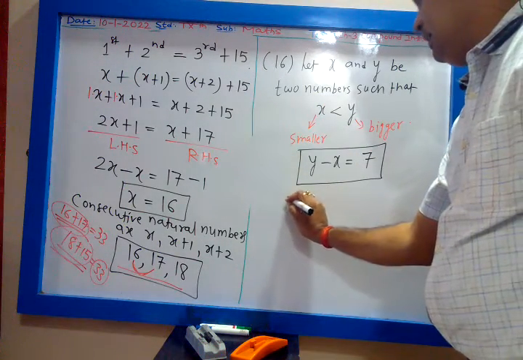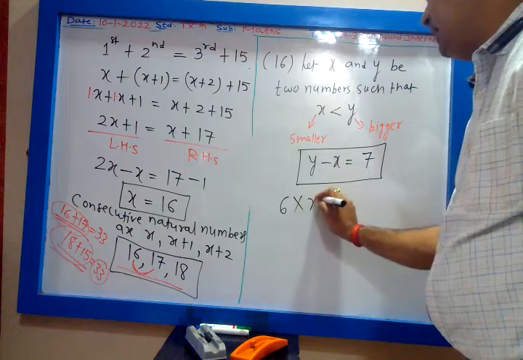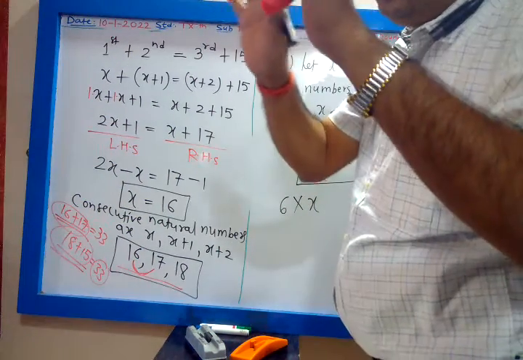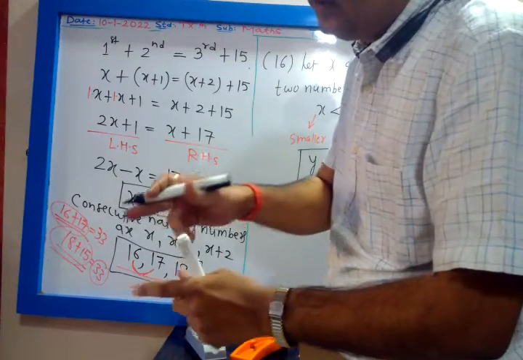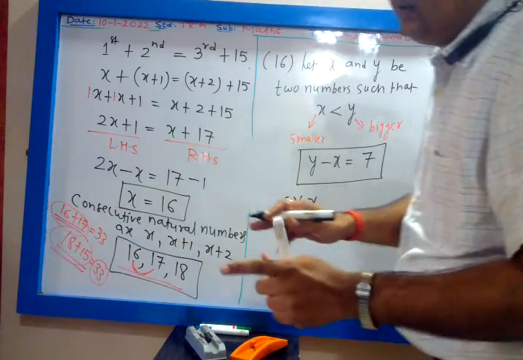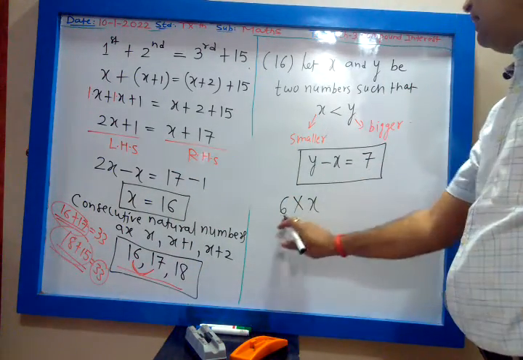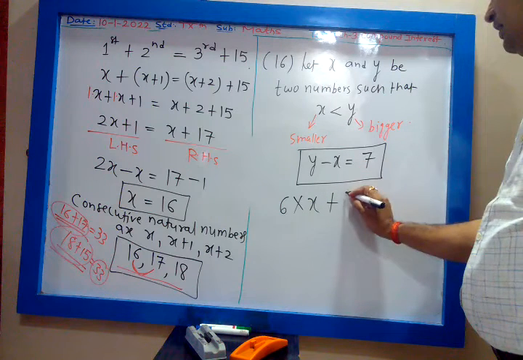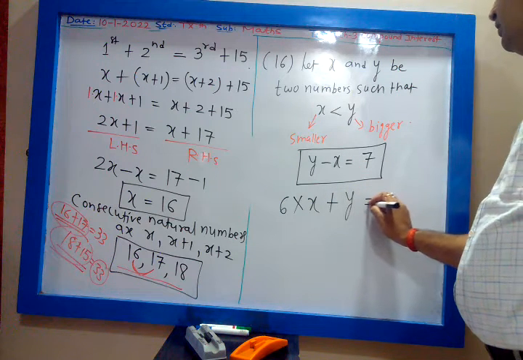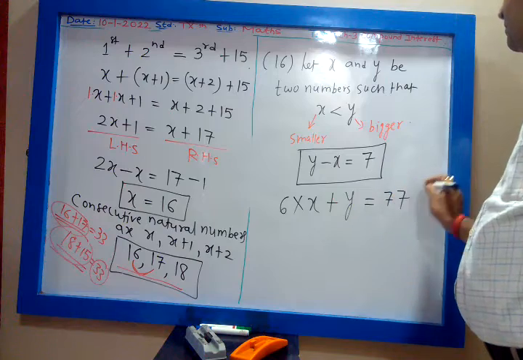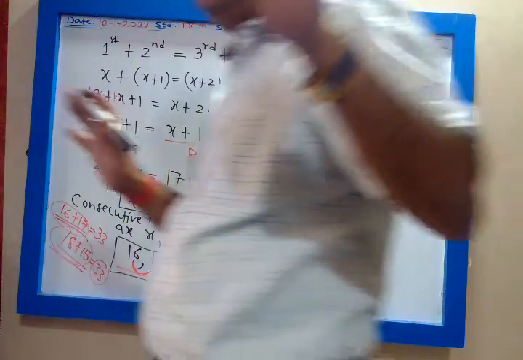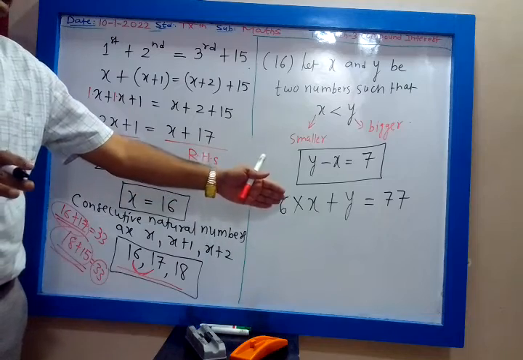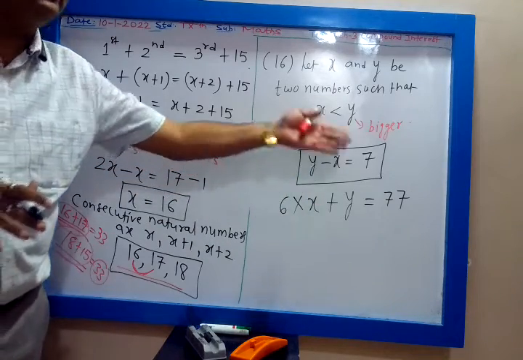X. So 6 times the smaller plus the larger. What is larger? Y is equal to 77. Yes, understood this question. 6 times the smaller plus larger is 77.